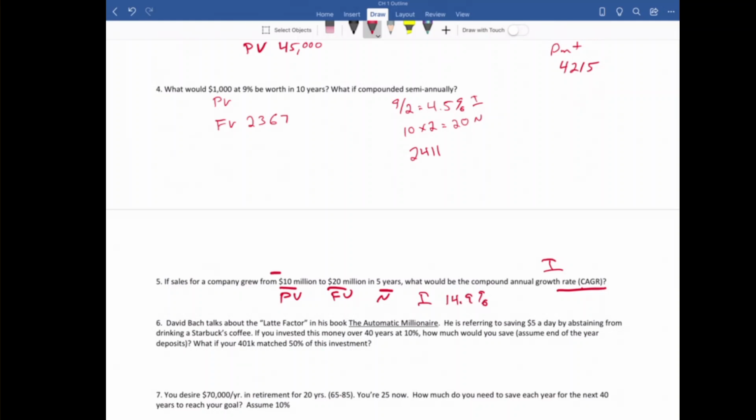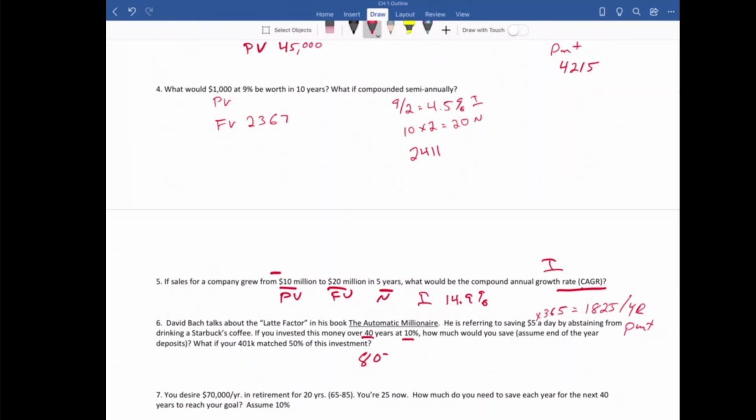If you're going to invest $5 a day, how much would you have over 40 years? So I'm trying to make this simple. We'll just make $5 times 365, and that gives you $1,825 per year. So that then becomes your payment. Over 40 years at 10%, how much would you have? And you would have $807,731.